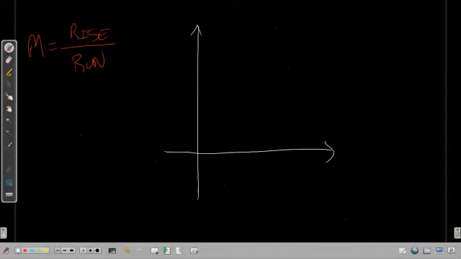Okay, third case would be a line that goes like this. There's a point, there's a point, just picked them at random. Always going from the left to the right, start at the point that's on the left and do your rise. Here we're doing a negative rise because it's going down.